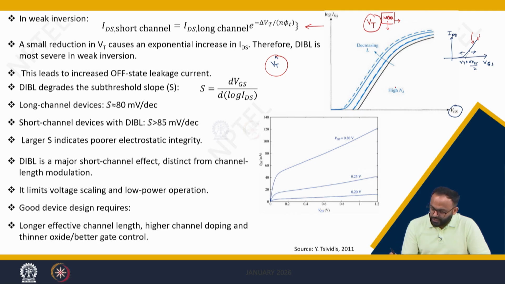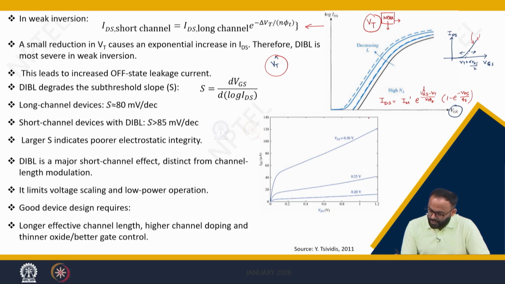If we write the weak inversion equation, we know that IDS in weak inversion can be given by some constant into e to the power of (VGS minus Vt) divided by (n into phi t), into (1 minus e to the power of minus VDS divided by phi t). We have already discussed this equation when we were discussing weak inversion and converting the weak inversion modeling from surface potential and charge based to a terminal voltage based, right.